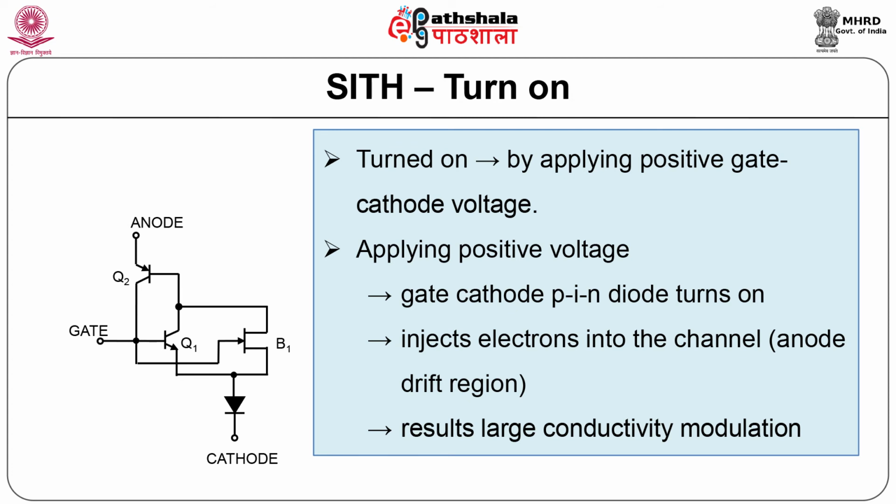Due to addition of PN junction at anode, SITH, that is static induction thyristor, blocks the high reverse voltage. It does not have regenerative turn on and turn off, that is, it does not latch on or off. If the device is on, removal of the gate drive voltage will cause the device to turn off.